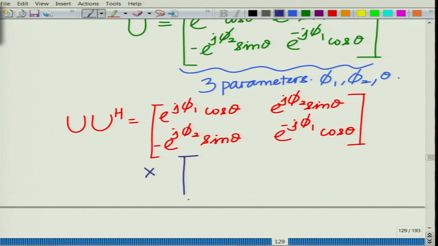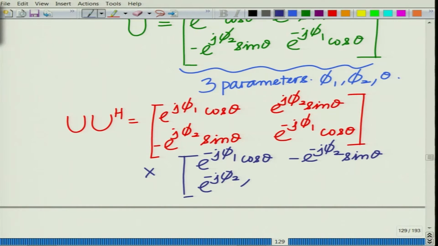Now the product U Hermitian: you take the transpose and Hermitian, right. So U Hermitian will be e raised to minus j phi 1 cosine theta, minus e raised to minus j phi 2 sin theta, e raised to minus j phi 2 sin theta, e raised to j phi 1 cosine theta.